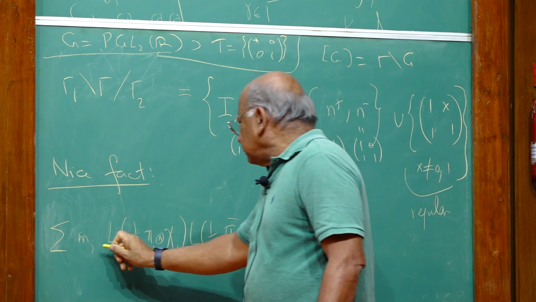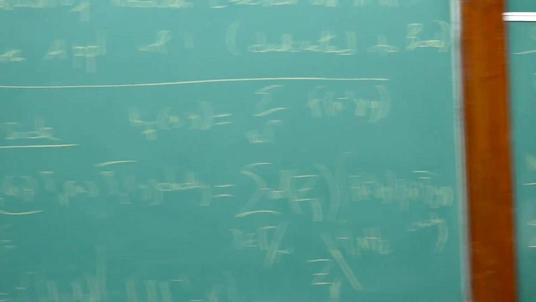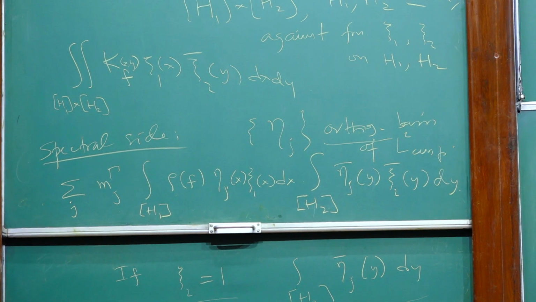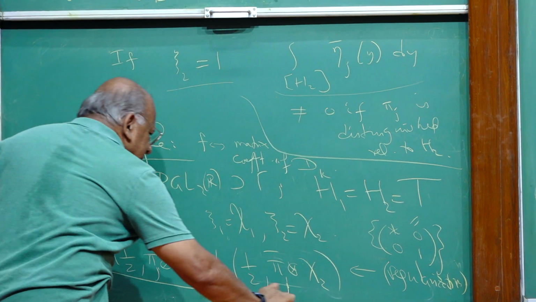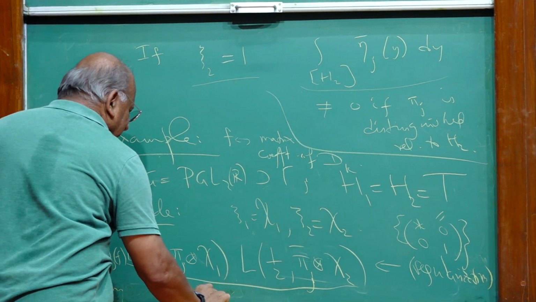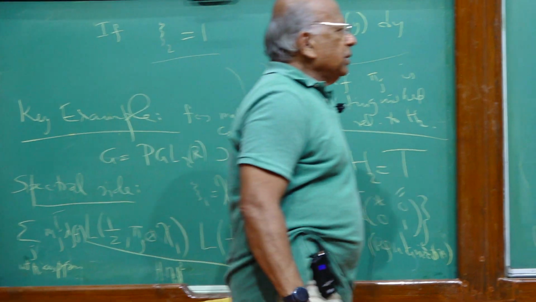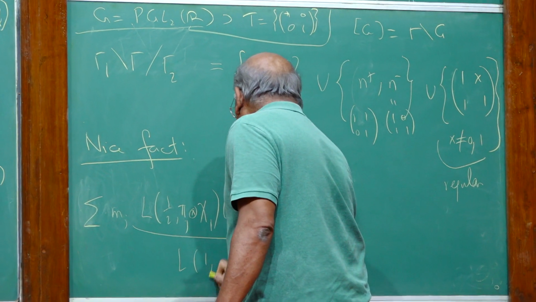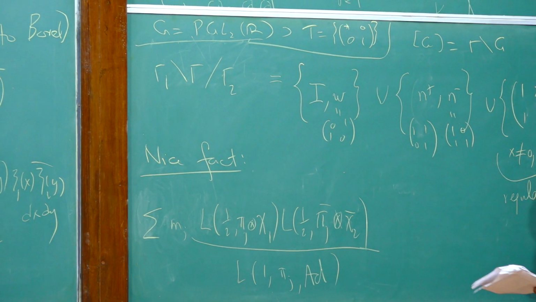I said something wrong because I said orthogonal basis here, and that's the natural thing when you take new forms. They're not orthonormal, so actually you have to divide by the lengths. You have to divide by this eta_j squared. So what you get here is that you get this divided by, it turns out, the L(1, pi_j, Ad) L function. That's what you get in the denominator.